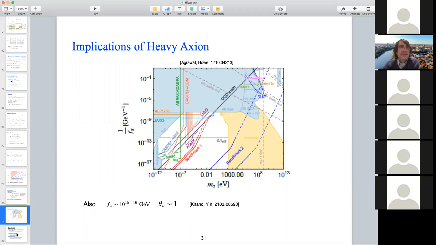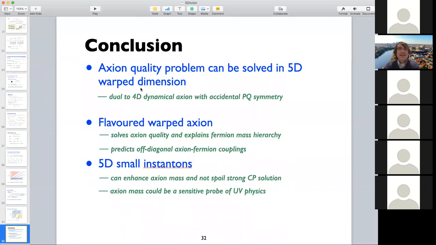All right, my time is up. Sorry for going over. So here's the conclusion. The axion quality problem, I showed you how it can be solved in a 5D warped dimension. But again, don't get hung up on the 5D warped dimension.